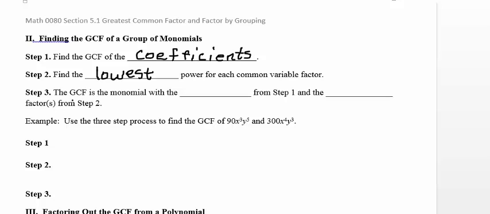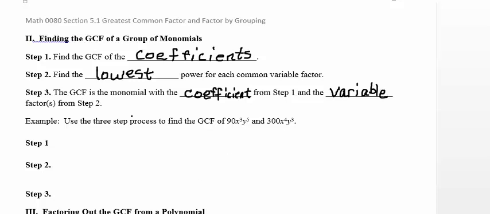So the GCF is the monomial with the coefficient from step 1 and the variable factors from step 2.